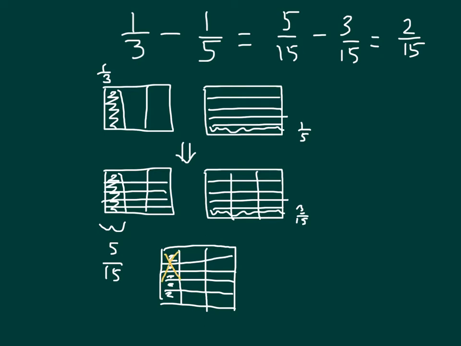And so I crossed out 3 of those 15ths. Let me draw a little arrow over here. This is 5/15, just as I said before, and where we've taken away 3/15, we are left with 2/15. And so I've modeled 1/3 minus 1/5.